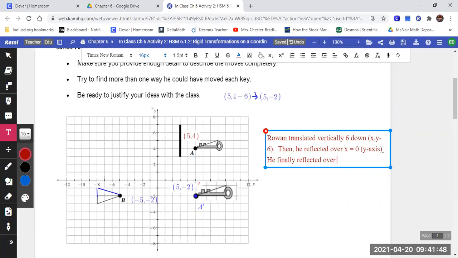Top to bottom. Which one of our two letters moves up and down? The Y. So we have to worry about reflecting over a Y now. Over Y equals, what does the Y equal?